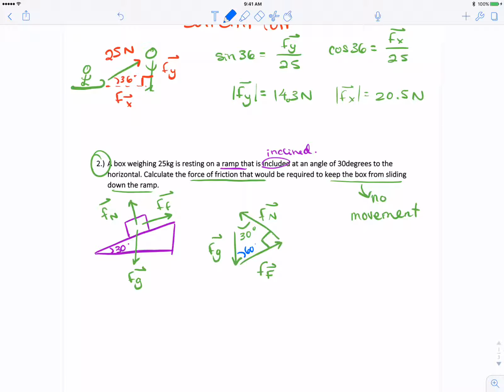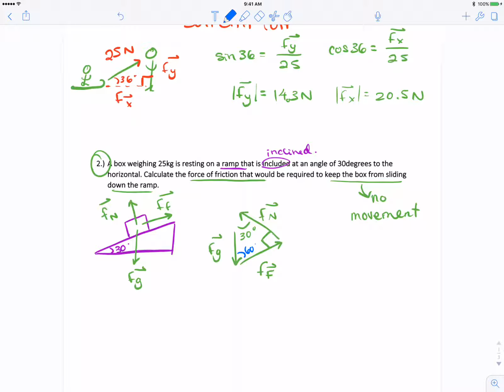And as soon as you do that, it's not so bad. It wants to know the force of friction required to keep the box from sliding down the ramp. The only thing I have to be careful of in this question is that I don't know my force of gravity. It says 25 kilograms. You have to convert that into newtons. Do you remember how we do that? Yeah, multiply by 9.8.